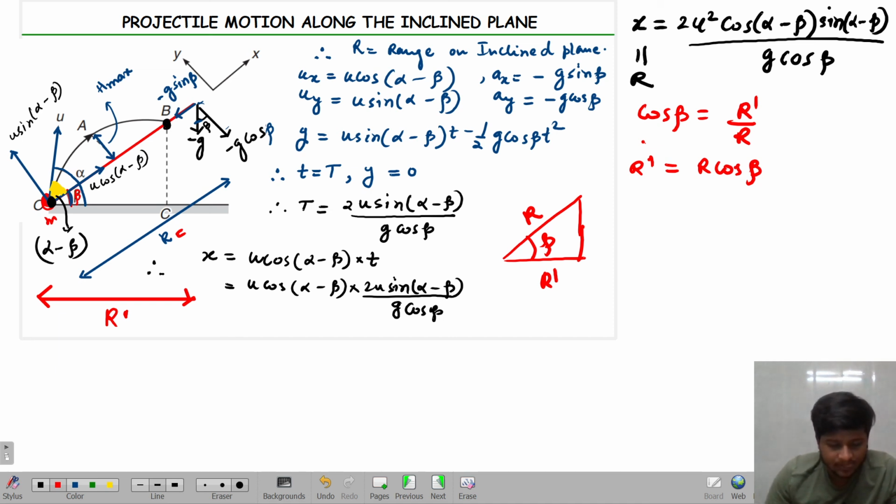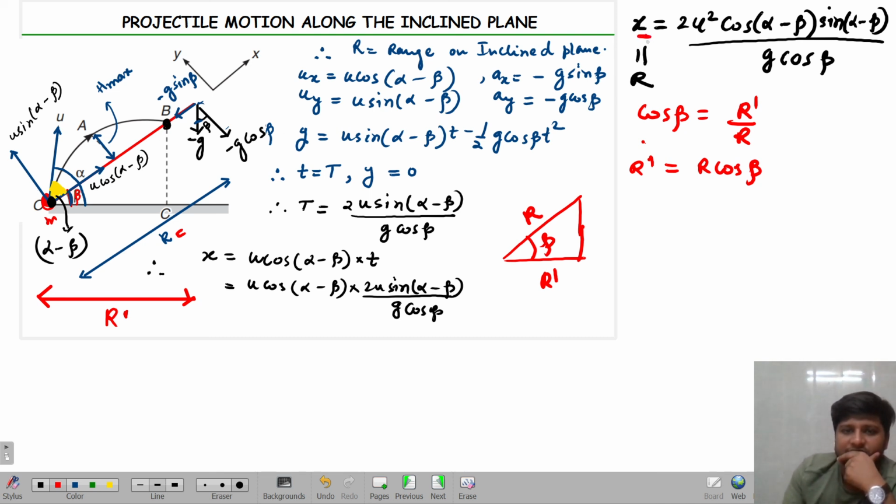Got it or not? And what is that going to be? Wait. Here, range along inclined plane is what we have calculated, x. Okay, I have written this x for the horizontal plane.